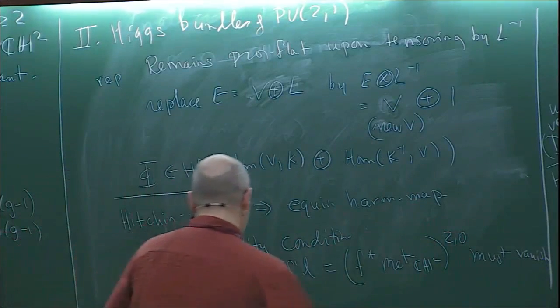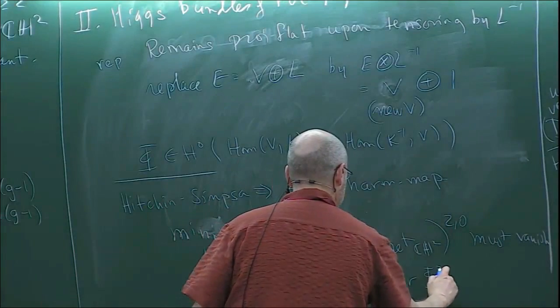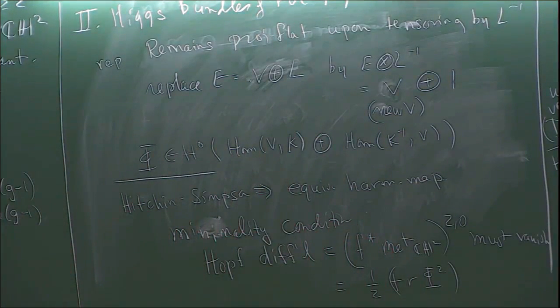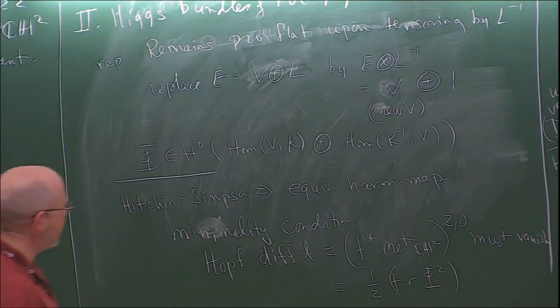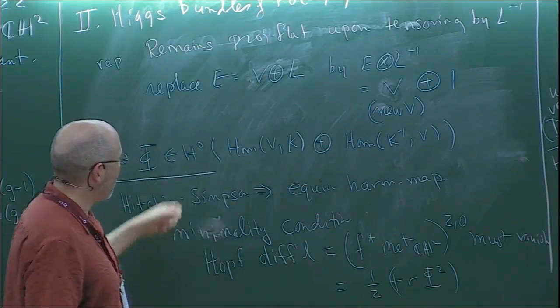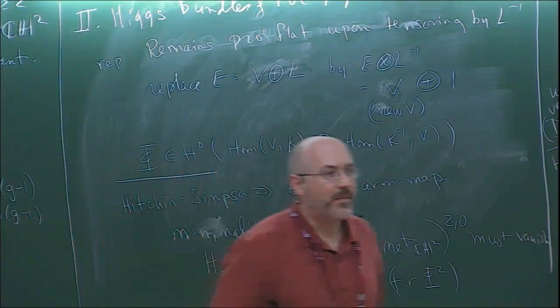So this Hopf differential actually has a very nice formula in this case in terms of the Higgs field. This is going to be the trace of B squared. Okay? And so we're going to use this condition in addition to this nice structure of phi in order to get this extension, to recreate V in terms of this sort of an extension. Okay? All right. Yep.